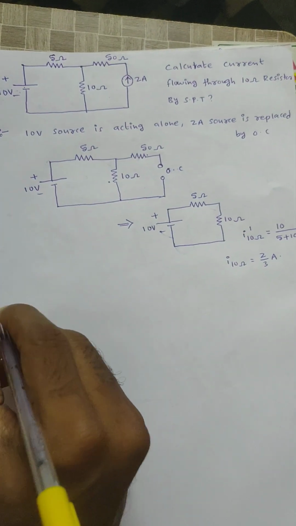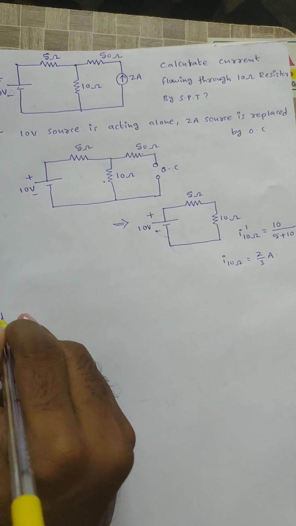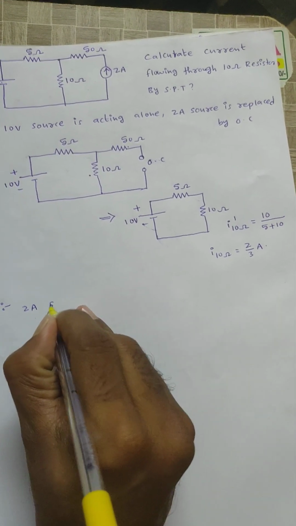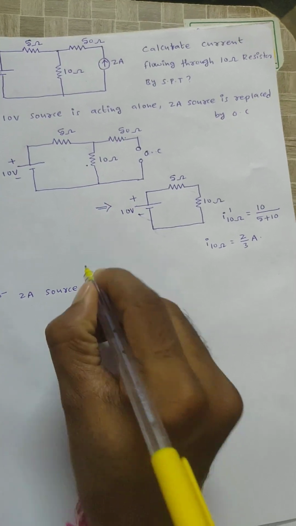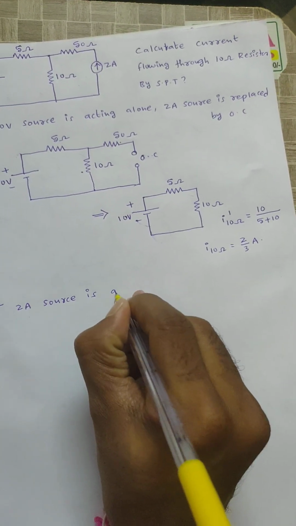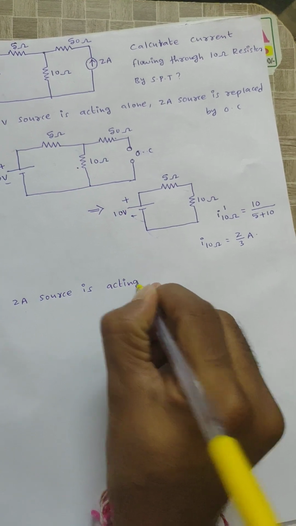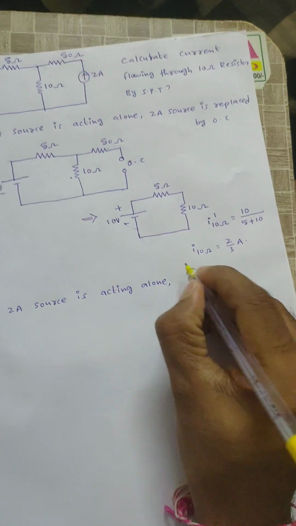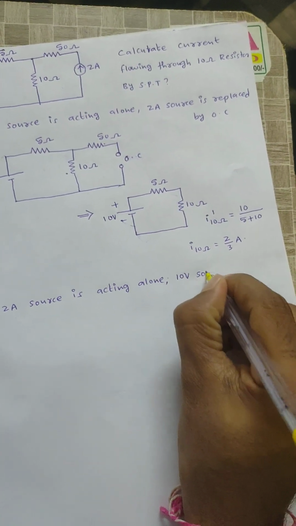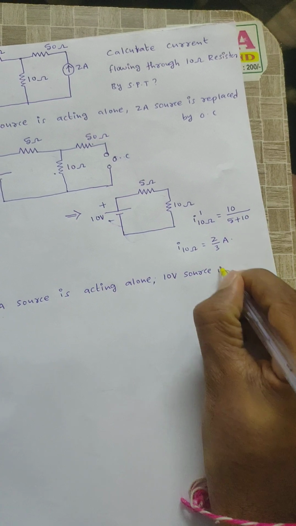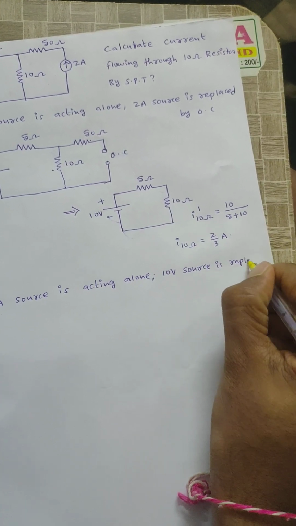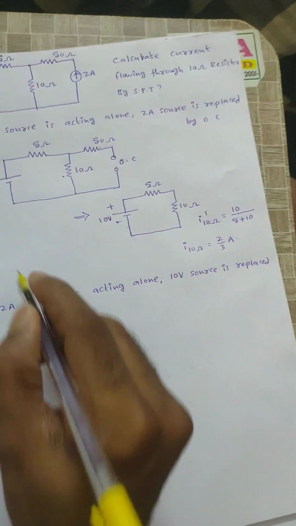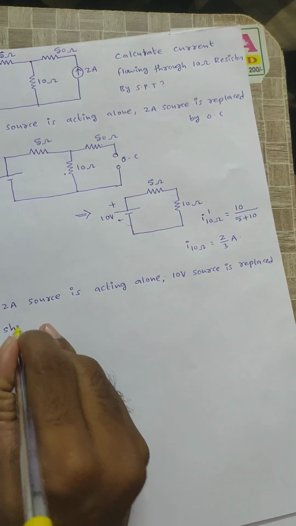Next, case 2 or step 2: the 2 ampere source is acting alone. Then the 10 volt source is replaced by a short circuit.